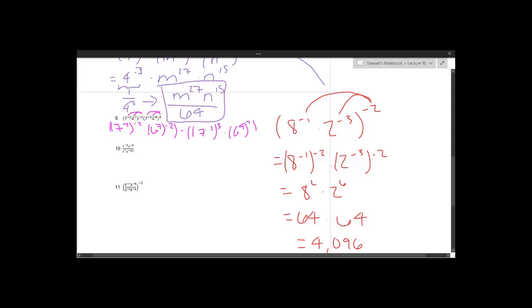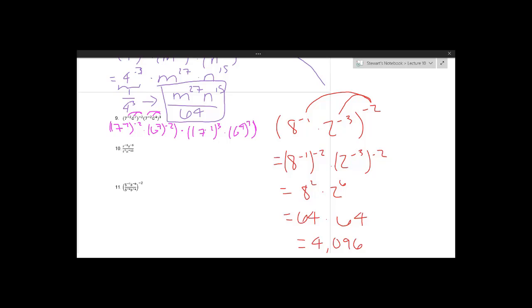Oop, goodness gracious, cubed. So in terms of the exponents for 7, we have negative 2 times negative 2, which is positive 4. So this is, in one set of parentheses, 7 to the 4th.